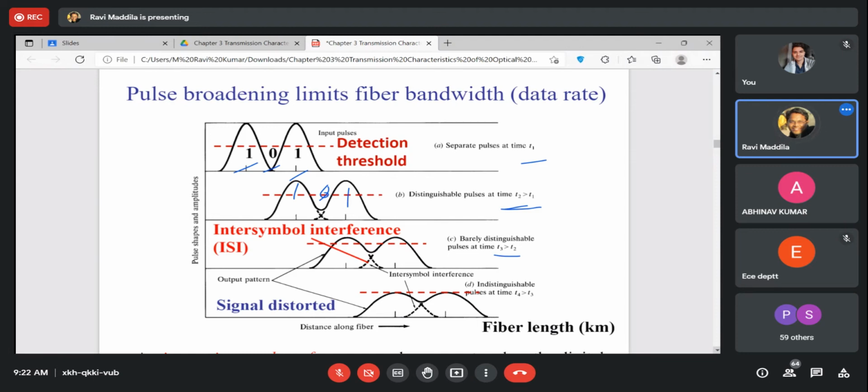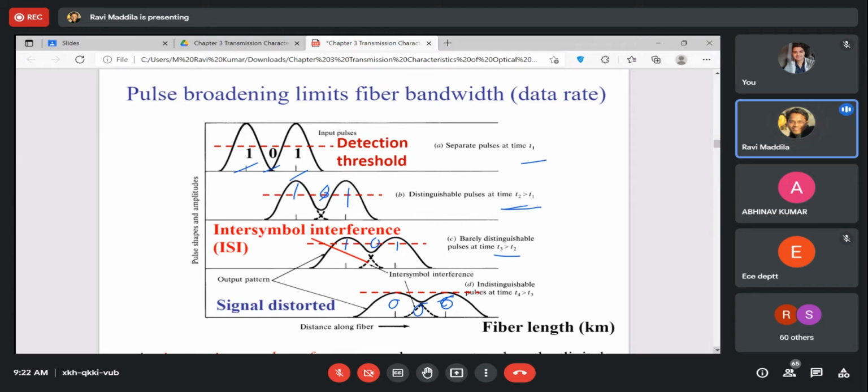As we go ahead, a further time refers to a larger distance. So as the pulses propagate for an even higher distance, this can also be decoded as a 101. But if you look at the last level, the bottom part here, all of these can be decoded as zeros.